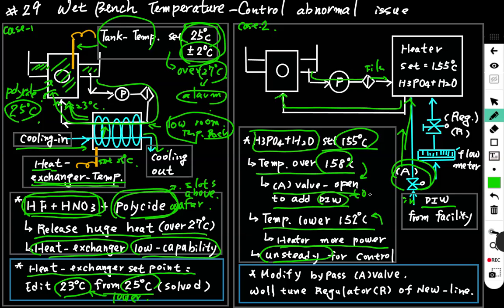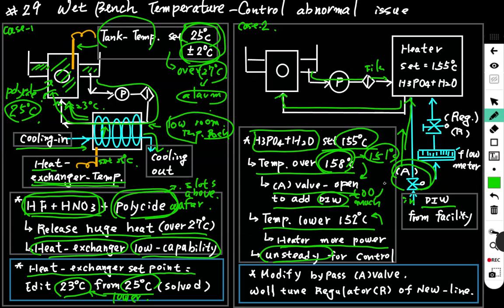It lets the over-high temperature suddenly decrease too much, maybe dropping to 151.